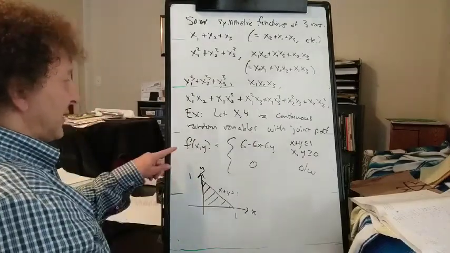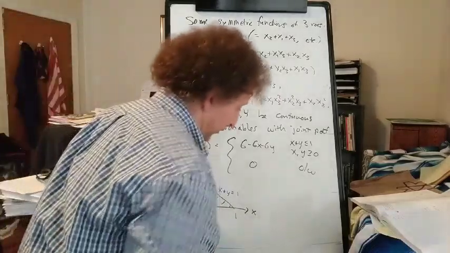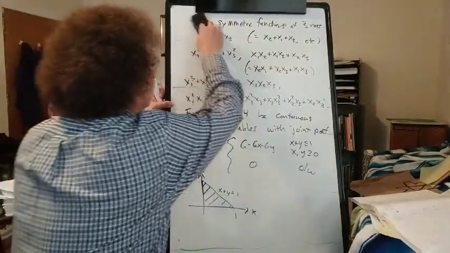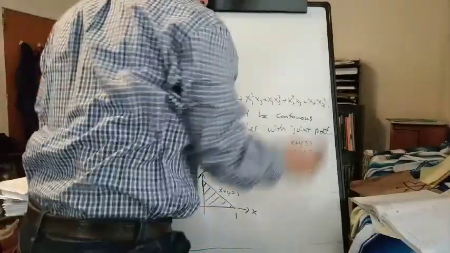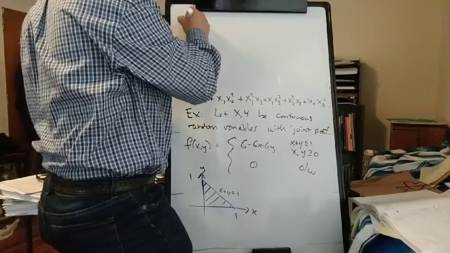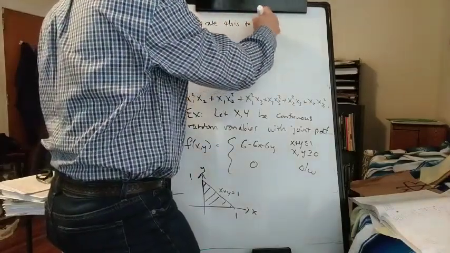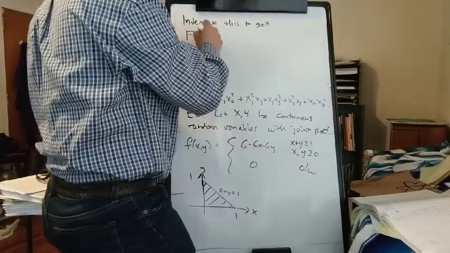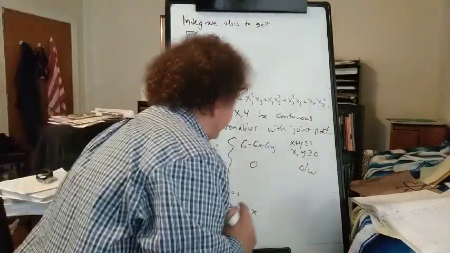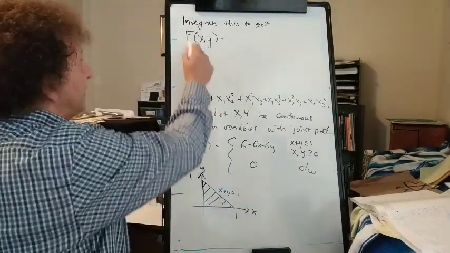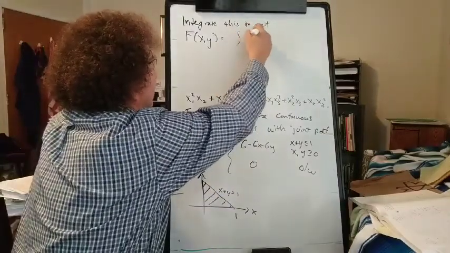Alright, now let's integrate this and get the joint cumulative distribution function and see that that's a symmetric function of x and y also. Since the variables here, x and y, are the same as there, let me use dummy variables for integration purposes.